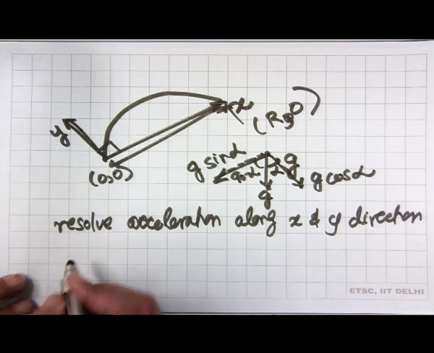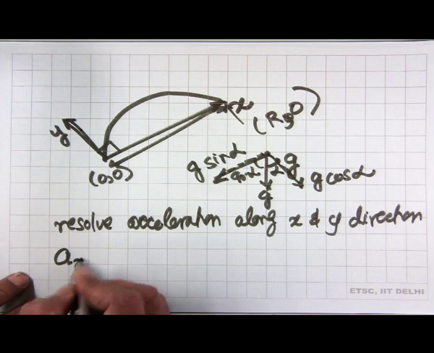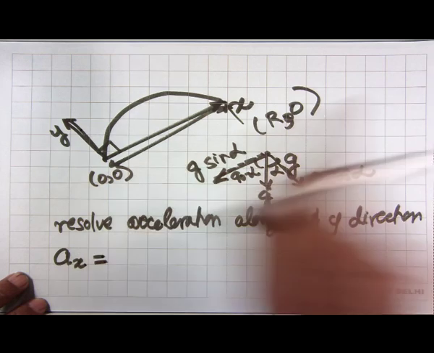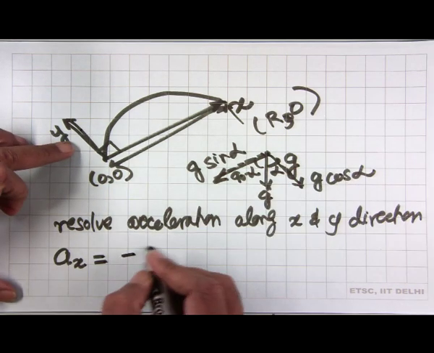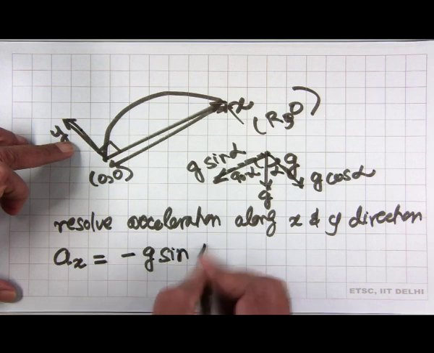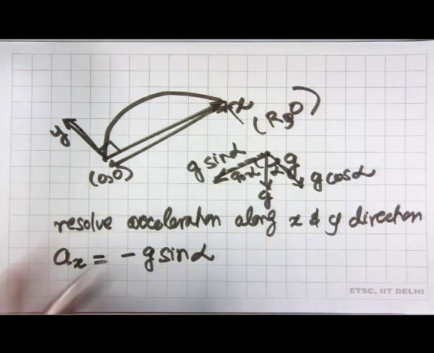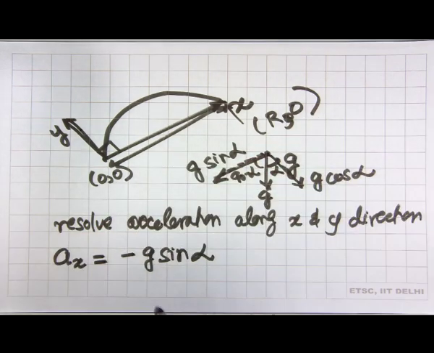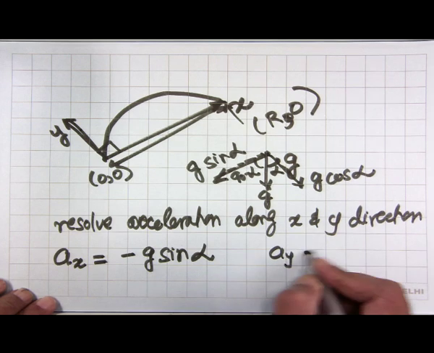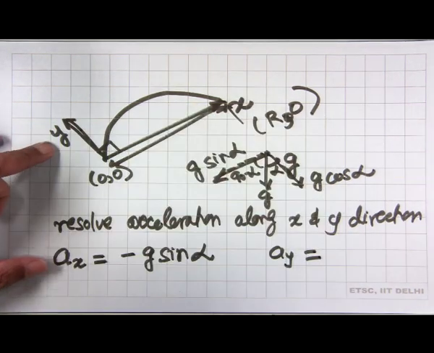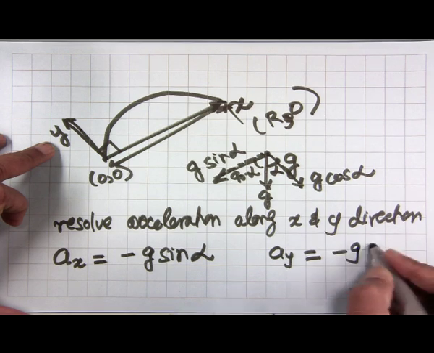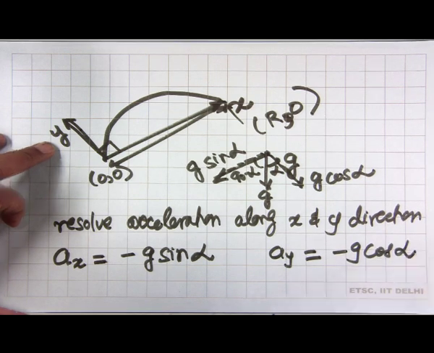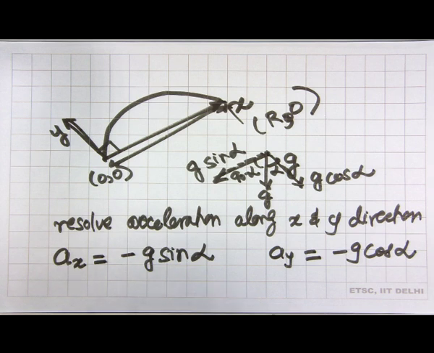So, the x component of the acceleration is equal to minus g sin alpha. I have taken x along this direction, and g is along the minus of this. The y component of acceleration, as I have chosen this x and y, will be equal to minus g cos alpha. So, we have to realize these 2 points.